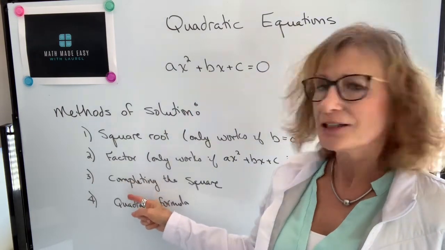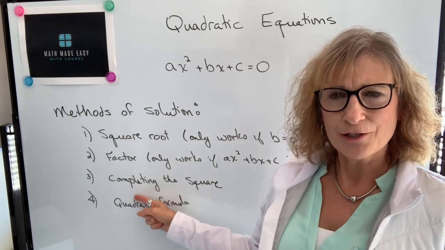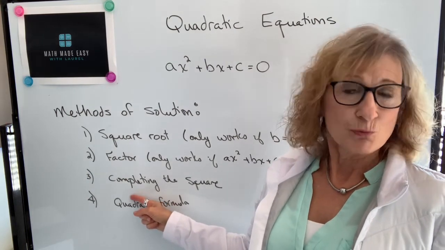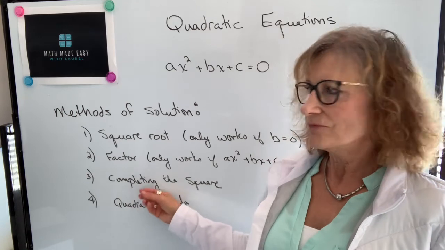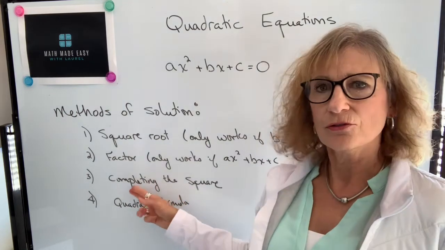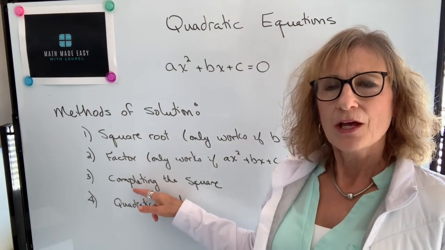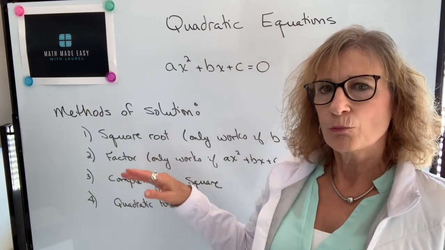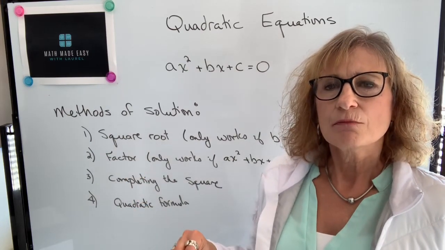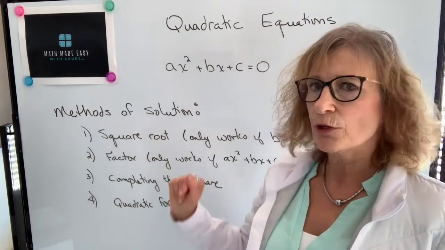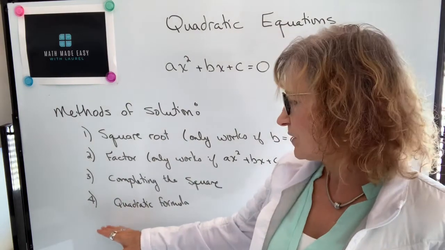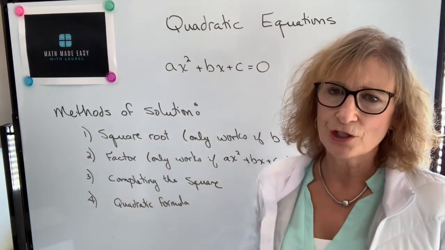Then we looked at a method called completing the square, which works, and you may be asked to do it that way. But when they're not factorable, they're not square root, or even if they are, most people will resort to using the quadratic formula.